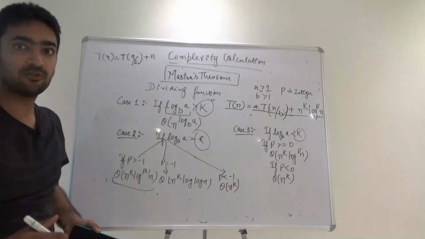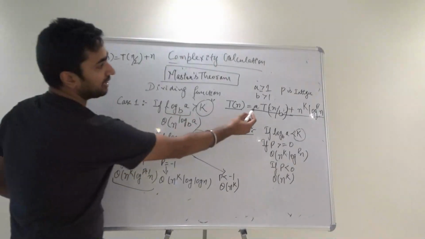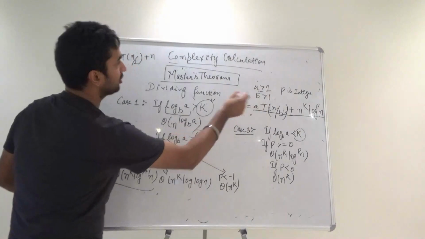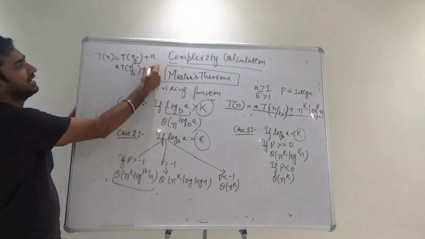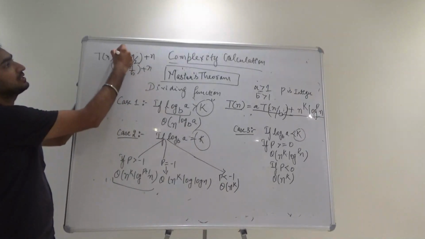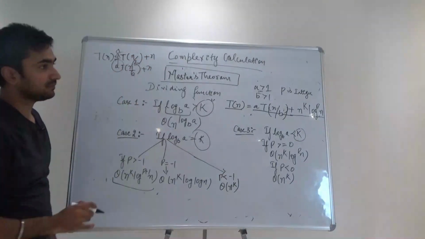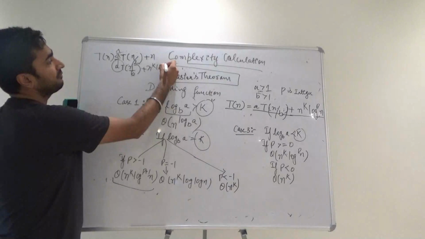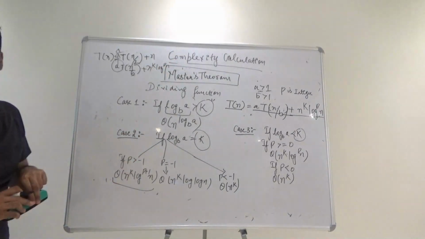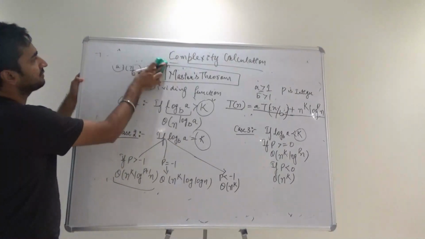So what do we have to calculate? We have to calculate a, b as well as the n term. A value should be greater than or equal to 1. So if I am comparing it with a T(n/b) plus n, a value is 1, your b value is 2, and we compare with n raised to power k log^p n. So we just have to calculate log base b of a. Let's calculate this first.